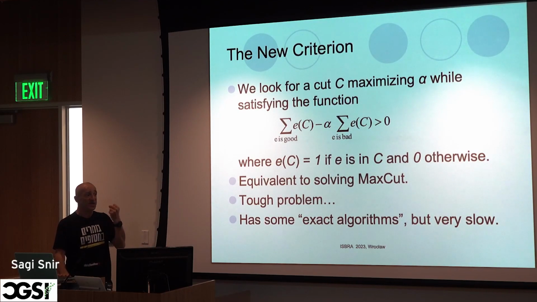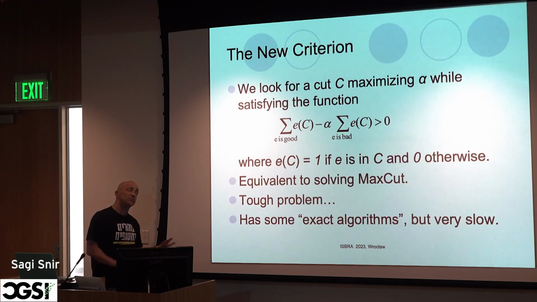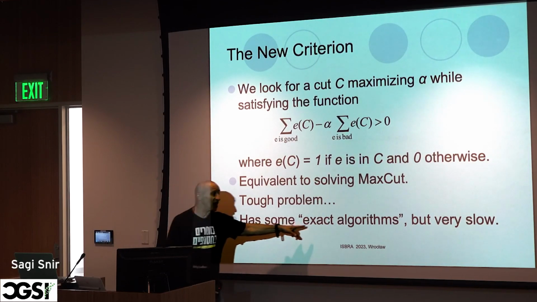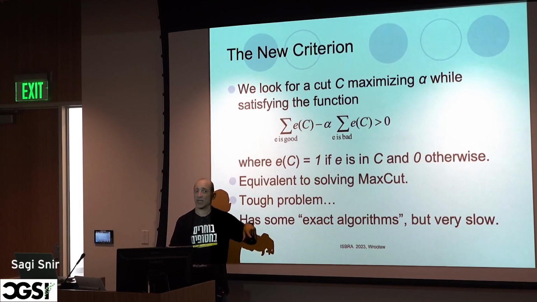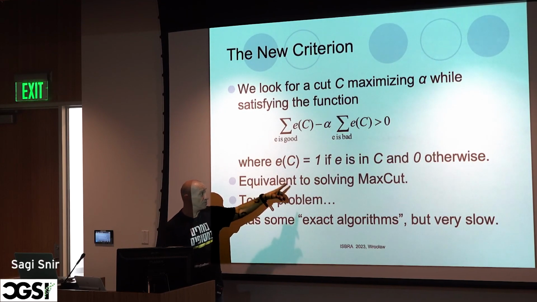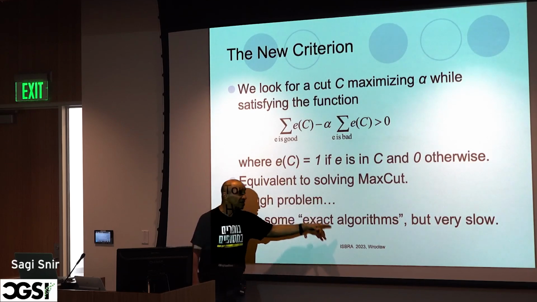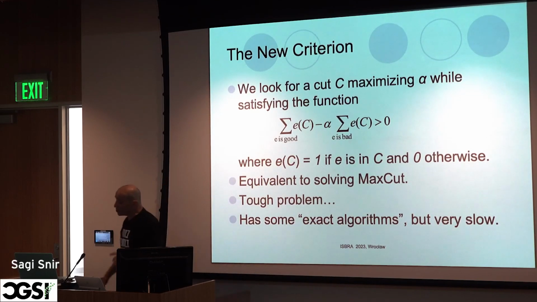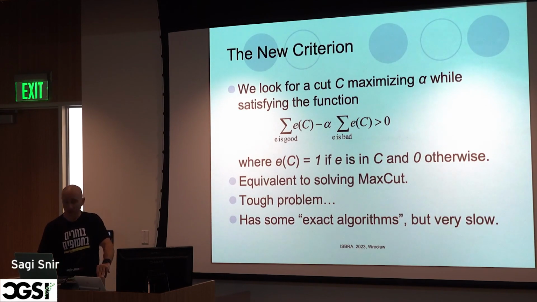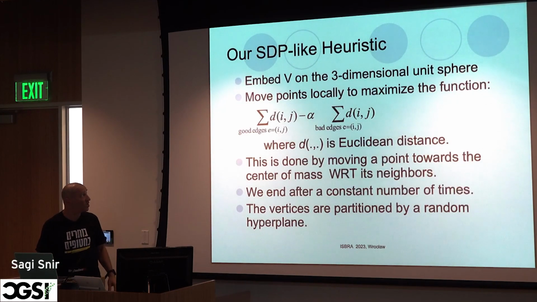It's a very celebrated problem in theory, in practice, wherever you want. So there are some exact algorithms, but the exact algorithms are, of course, approximations, because we deal with an NP-hard problem, but even the approximation is very hard computationally.